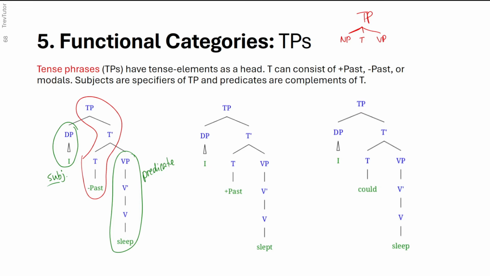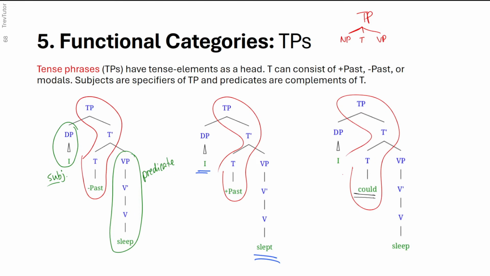So in the case of I slept, again, we have that tense spine going up, and then I is the subject, so it's the specifier, slept is the predicate, so it is going to be the complement of T. And in the case of I could sleep, remember we said that modals and tense appear in the same place, so we can put could under tense, we're going to get that same spine as before, and we're going to get the determiner phrase as the specifier and the verb phrase as the complement, so our predicate.